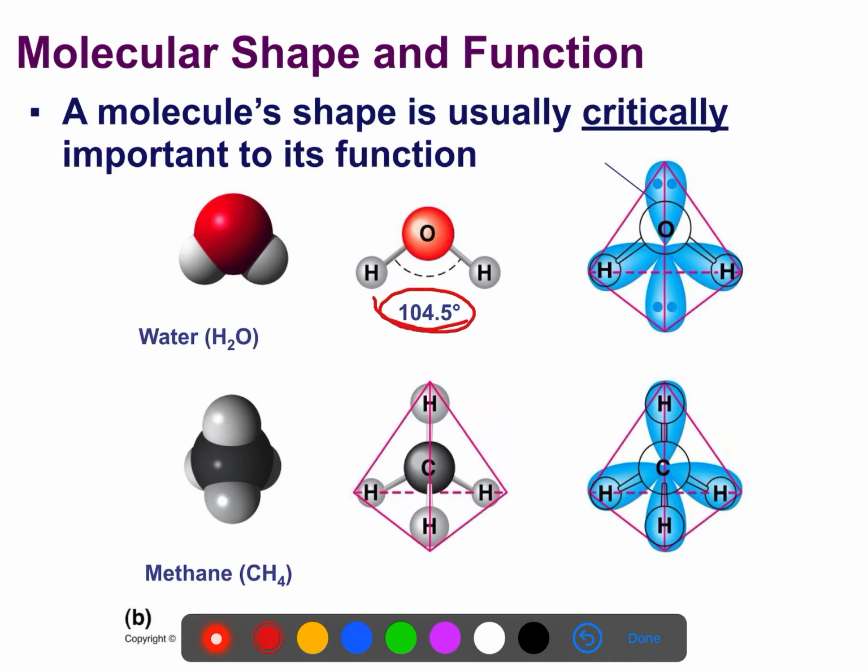And so that's really important. And if you ever take organic chemistry, you will learn all about the geometry of these different molecules and why it's important for bonding and things like that.